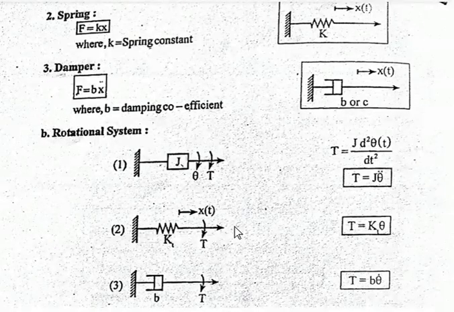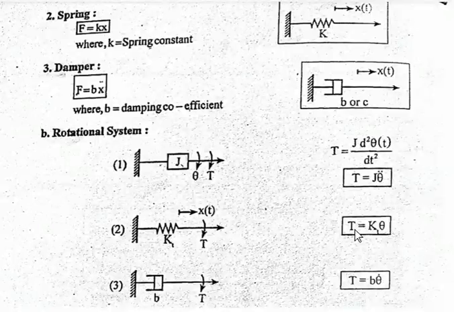If it is a spring given in the control system, then the torque is T is equal to Kt into theta. Here in the spring, displacement takes place and rotation also takes place along with the spring constant.